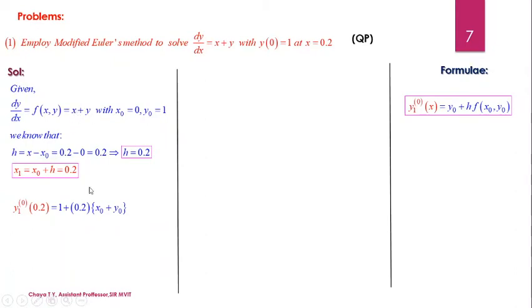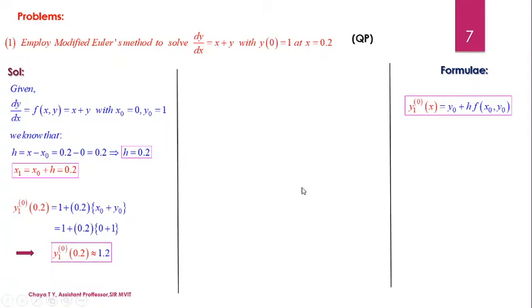Here replace x by the x0 value, y by the y0 value. Now substitute the required terms. x0 is 0, y0 is 1, which are the initial conditions mentioned in the problem. So when I use my calculator and simplify further, I arrive at the value of y1 in the 0th stage at the point x equals 0.2 as 1.2. So this completes the first step.